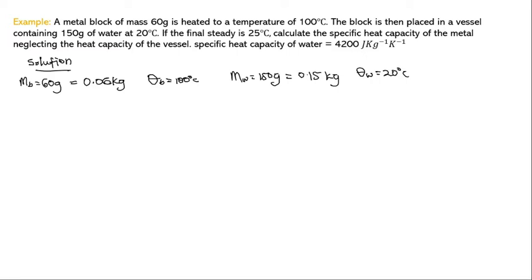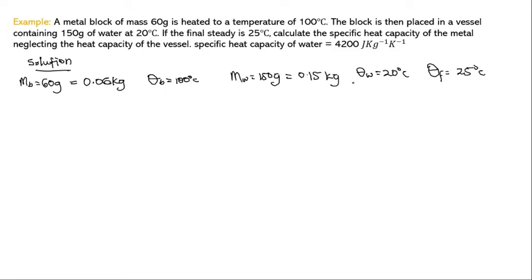So the final steady temperature, it means the final temperature of the metal ball in the water within the vessel, is 25 degrees Celsius, after the metal ball has lost some of its heat energy to the water and then the vessel.